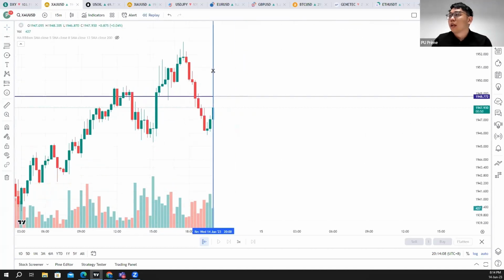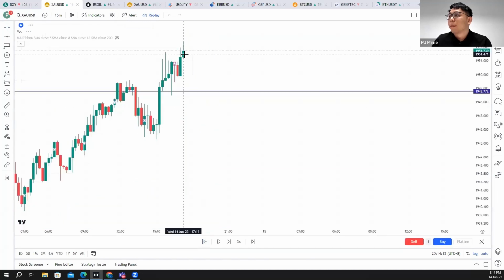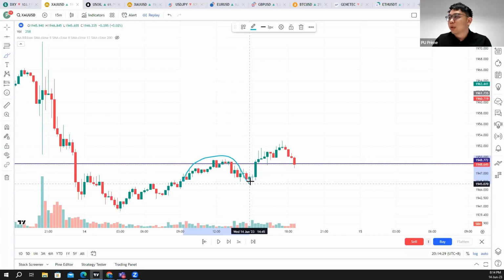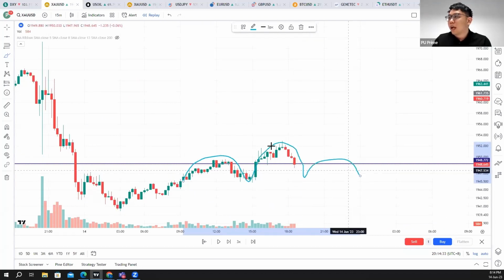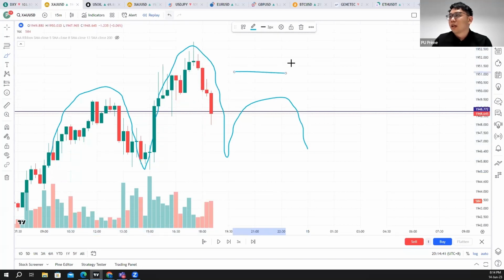So let's say just now early on, I spotted this evening star, and then this happened. Maybe I spotted this and I think, oh, maybe this is a head and shoulders pattern. And then I double check with my signal, and I see this is an evening star. If you are familiar with candlestick patterns, we know an evening star is a bearish signal.